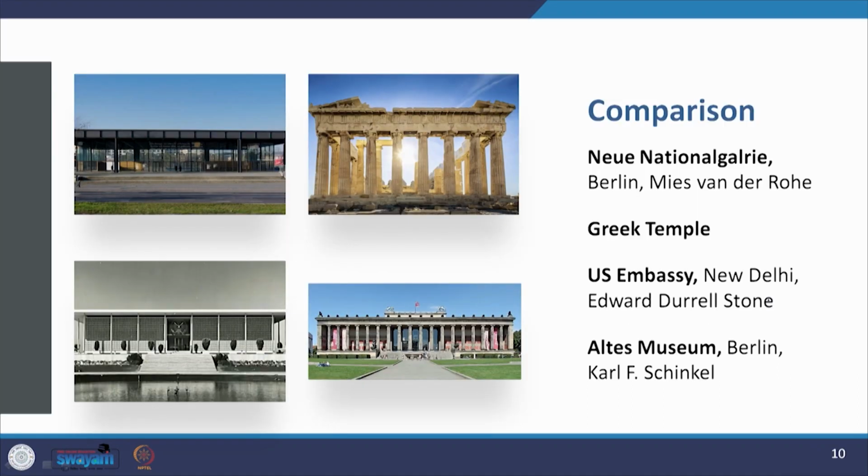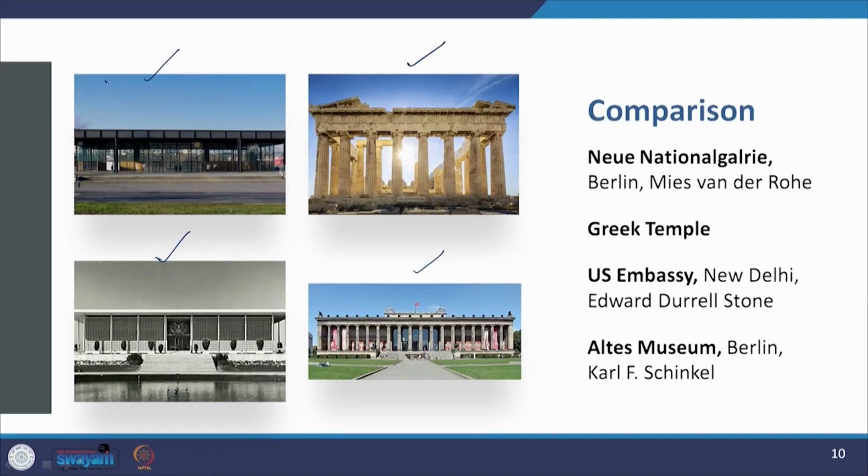If you take the example of classical geometry, we find it in the Greek temple, and if you compare this geometry with that of the Altes Museum by Karl Friedrich Schinkel at the end of the 19th century, or you compare it with the mid 20th century New National Gallery in Berlin by Mies van der Rohe, and then you have Edward Durrell Stone's US Embassy in Delhi, all 4 of them are following the Greek classical temple facade geometry.